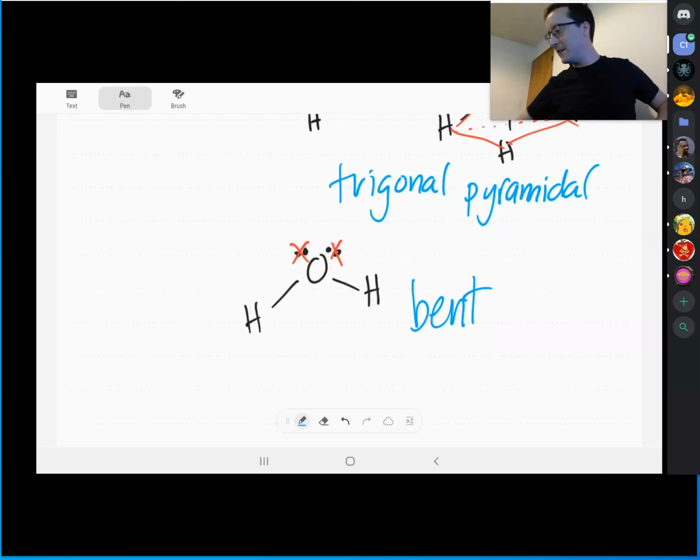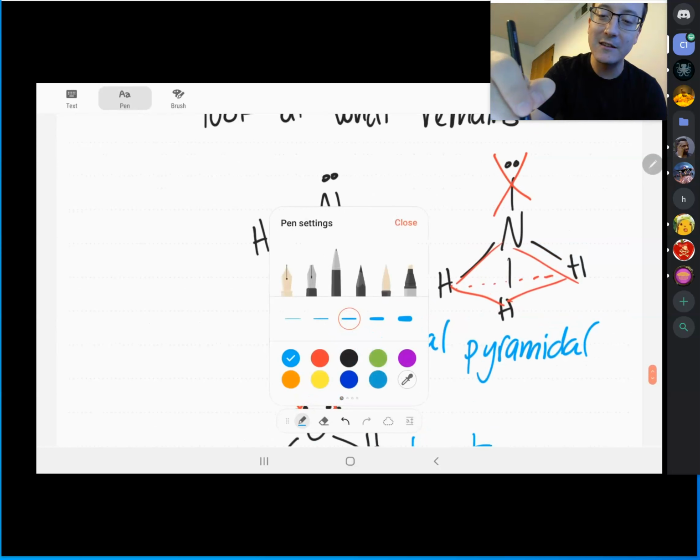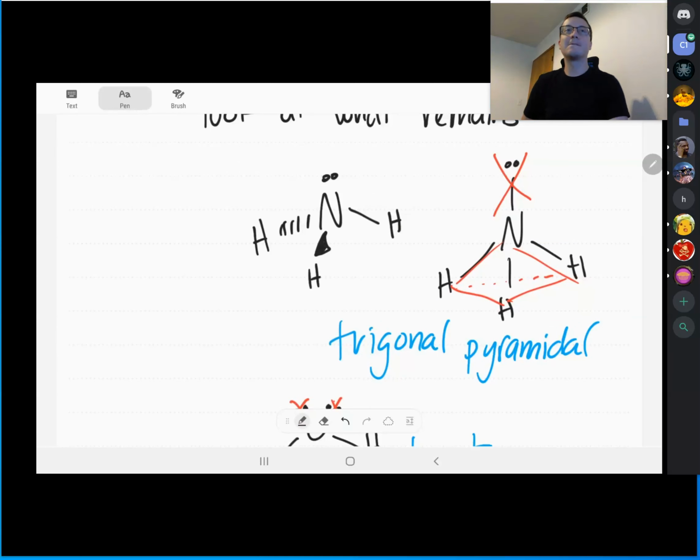Nerd. Okay, so we have more shapes now. So let's go ahead and assemble our table. By the way, ammonia was what type of molecule again if we were to classify it? As in A's and X's and E's, what would ammonia be?